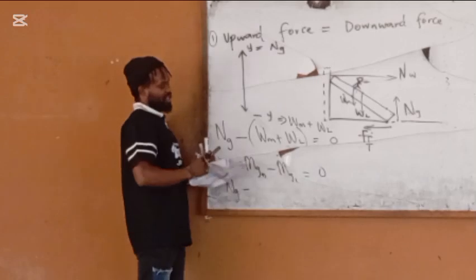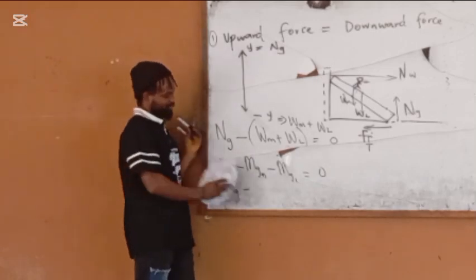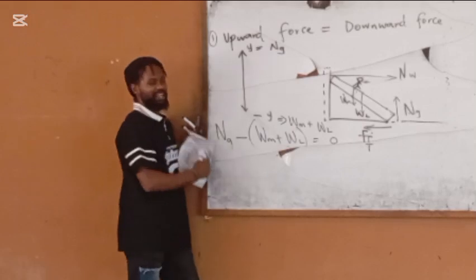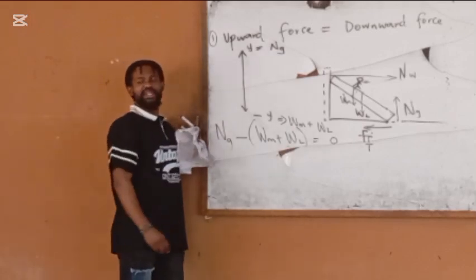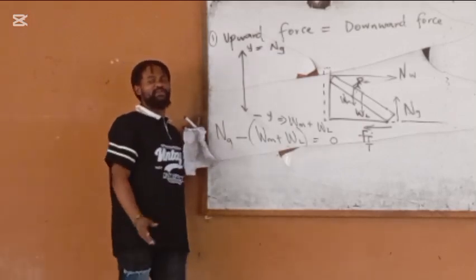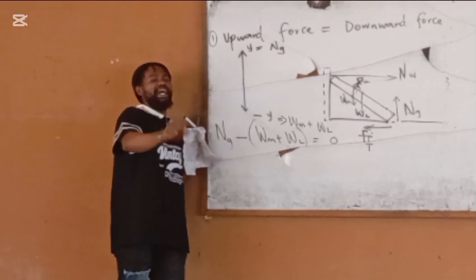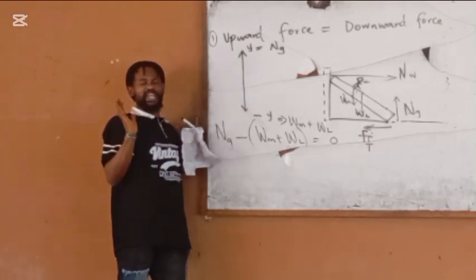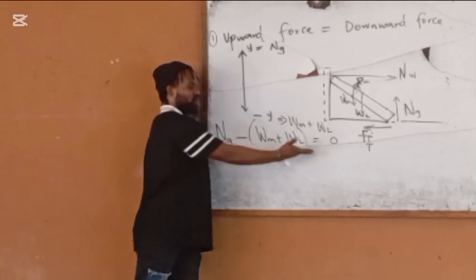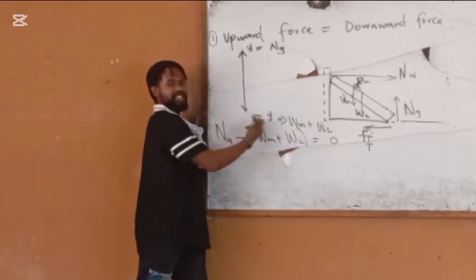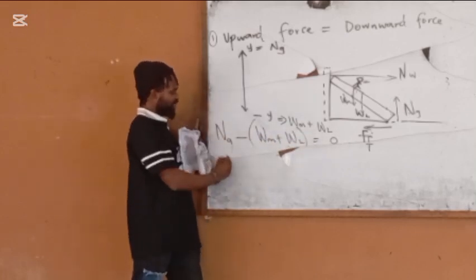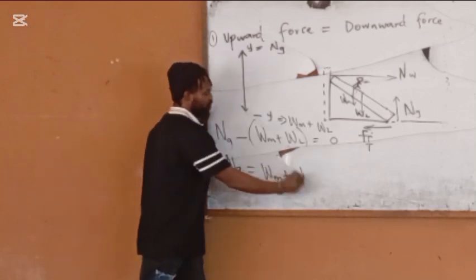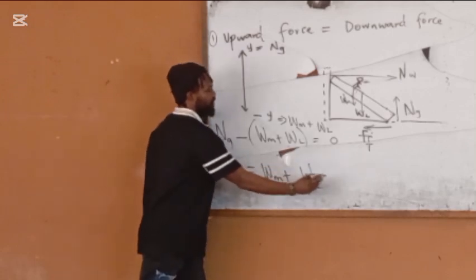What's your question now? Up to this point, you understand why we stress this. So that Ng is simply equal to Wm plus Wl.